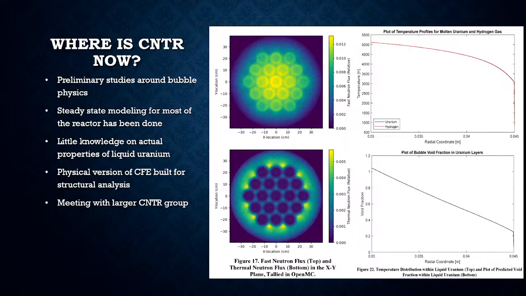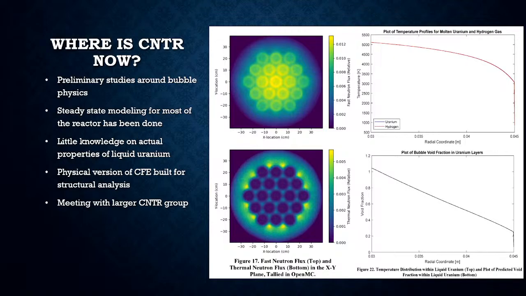They've also done little to no knowledge on liquid uranium properties, which is another area that they're looking into. They also built a fully functioning version of one of these cylinders that you can see, and they have a larger research group now.